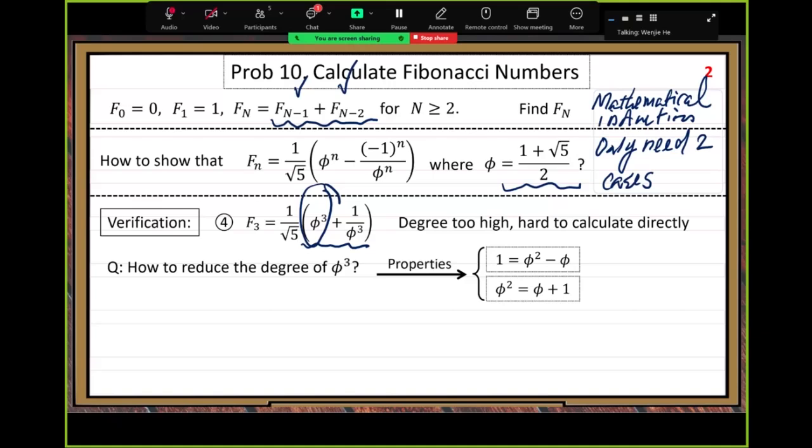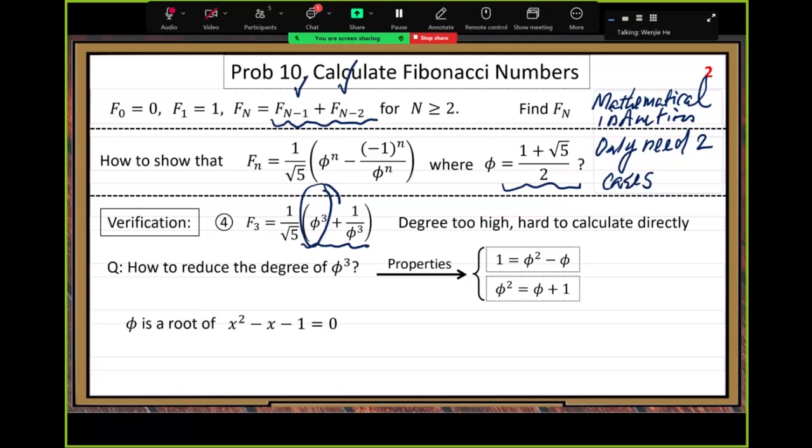If you ask me how you get these 2 properties, that's very simple. The golden ratio phi is the root of this quadratic equation: x squared minus x minus 1 equals 0.